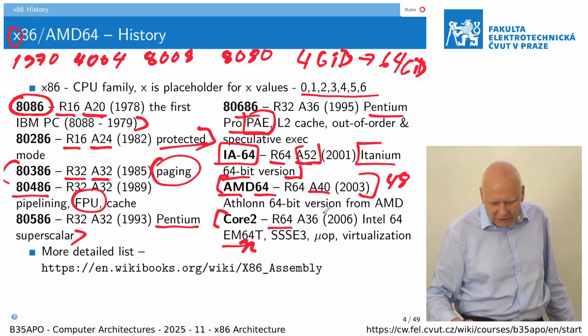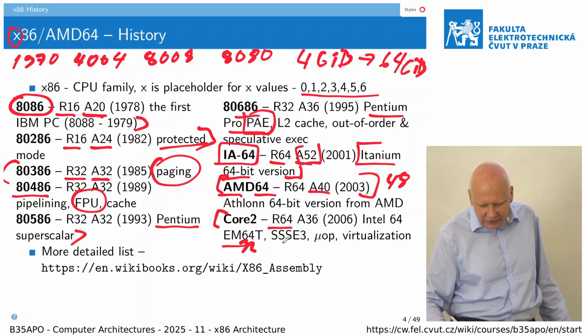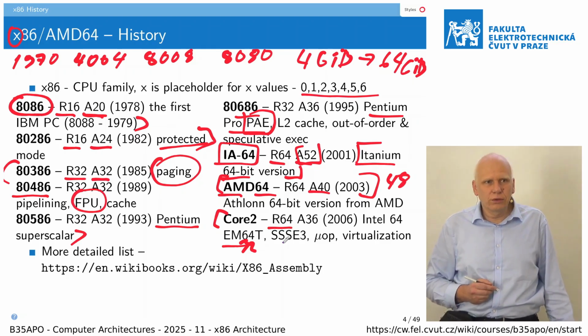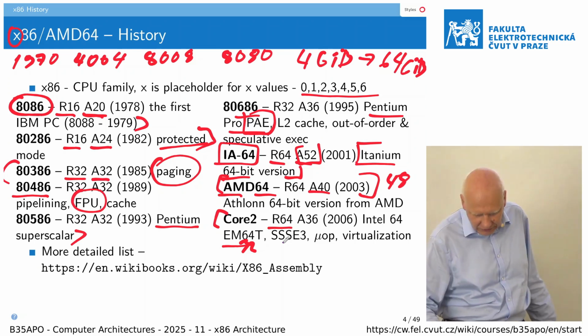The number of registers is extended from 8 main registers to 16, and even today there is an extension which allows using even 32 integer registers on some Intel server products, which is quite interesting.